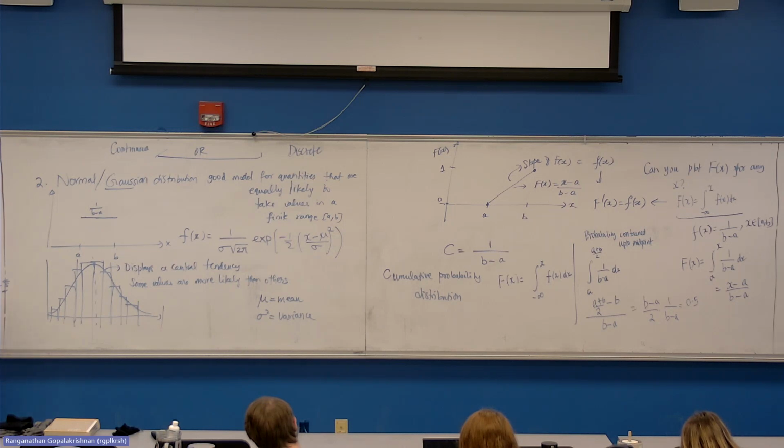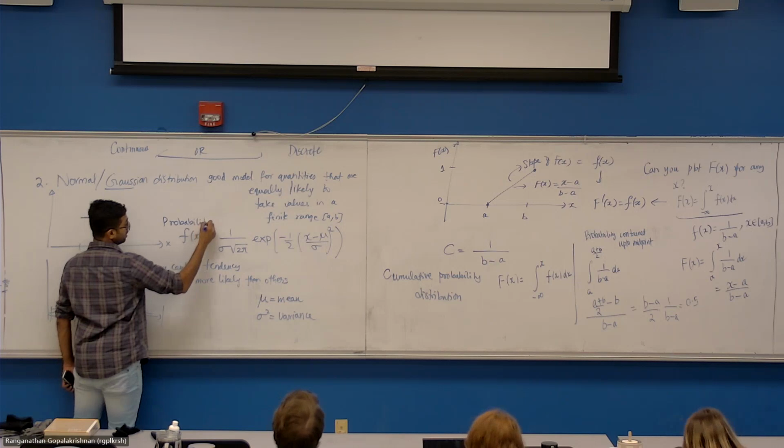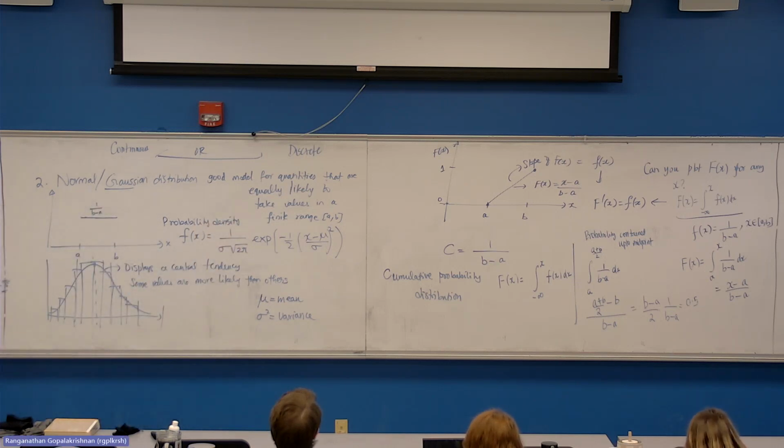So this is the probability density function for the normal distribution.